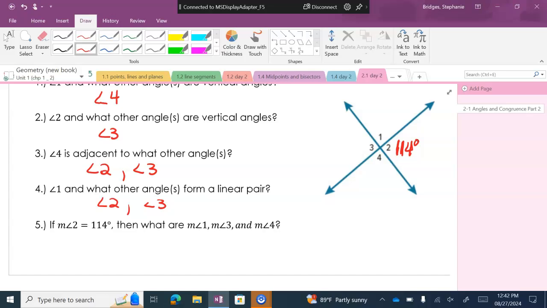If angle 2 is 114 degrees, how many degrees are the other 3 angles in that picture?